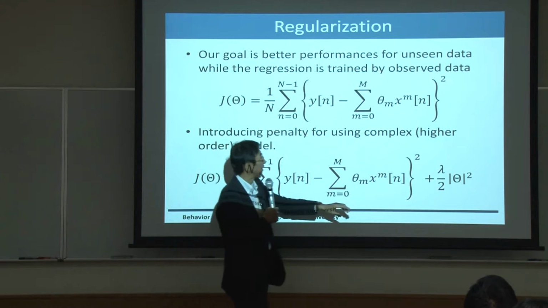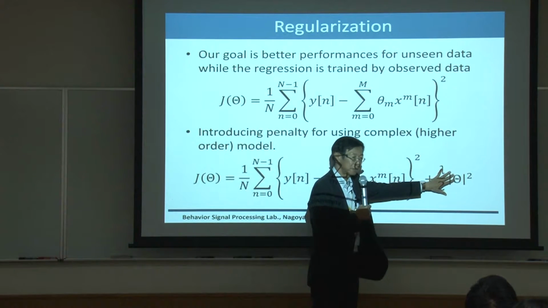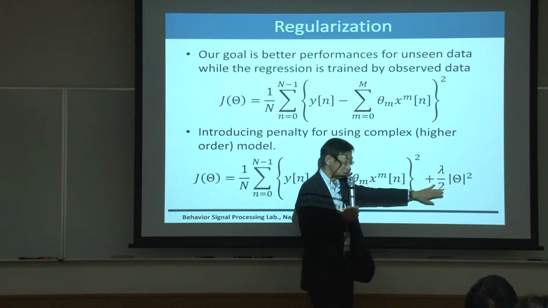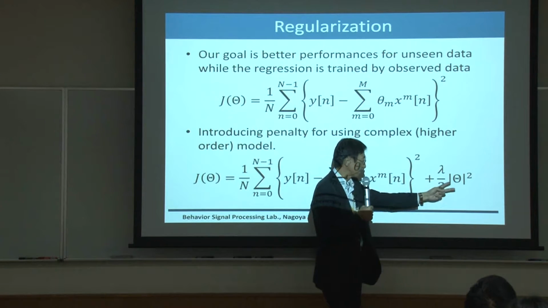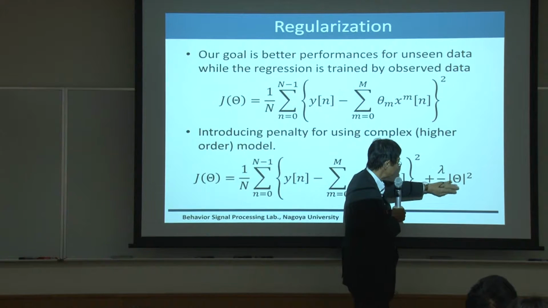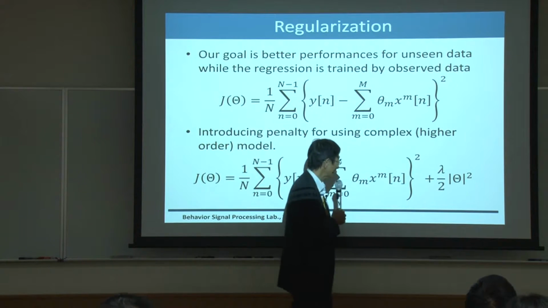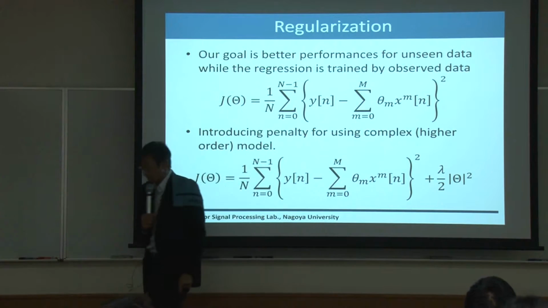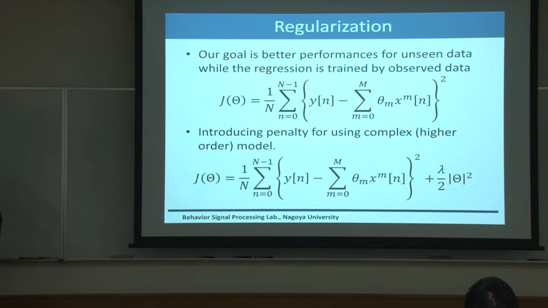What is this? This is the regularization term. In this case, the regularization is given by the norm of the parameters. So please do not forget that theta capital is a vector. Therefore, this is calculated by this.